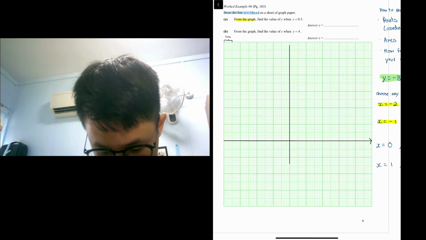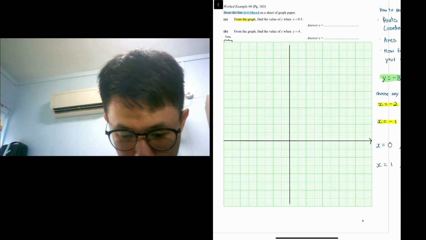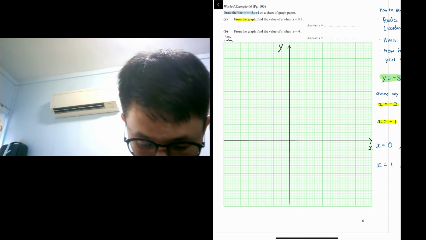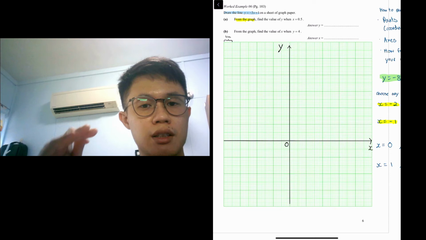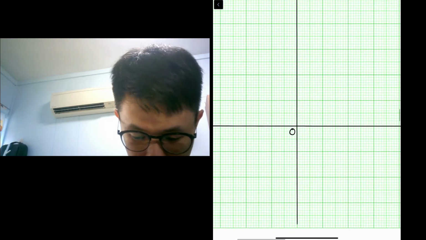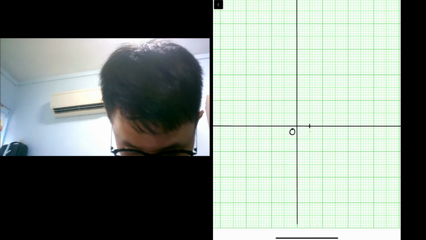Oops, sorry. So this is my y-axis, this is my x-axis. Now the origin will always be at the intersection there. Next I will have every 1 cm, so this space is 1 cm, be 1 unit.